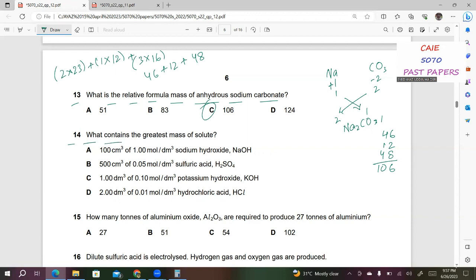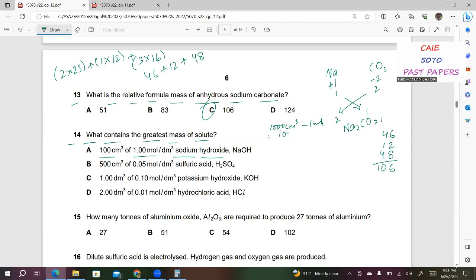14. What contains the greatest mass of solute? So first of all, you have to calculate the moles of each. In A, 100 cm3 of 1 mole per dm3 sodium hydroxide. 1 dm3 means 1000 cm3 contains 1 mole.